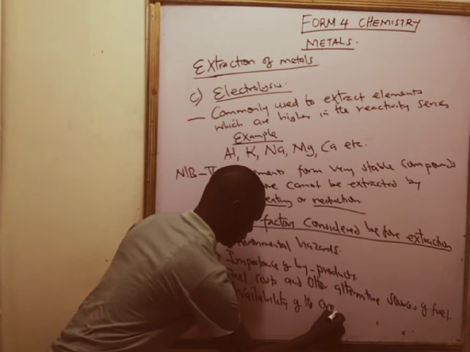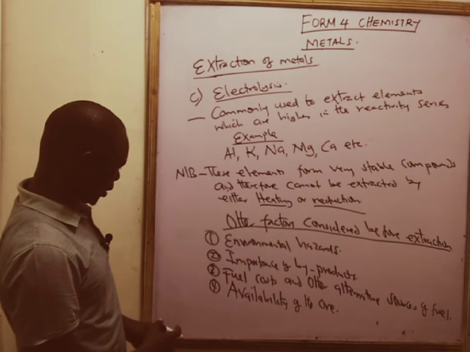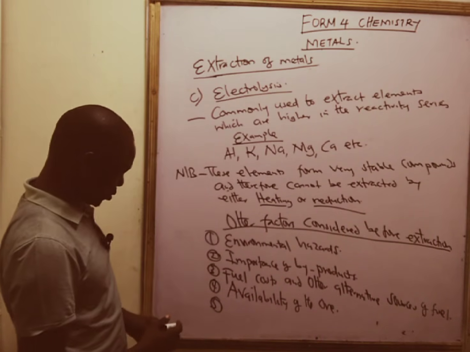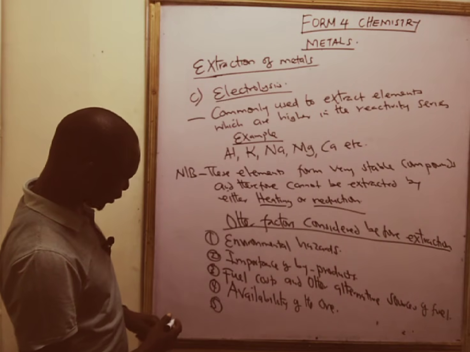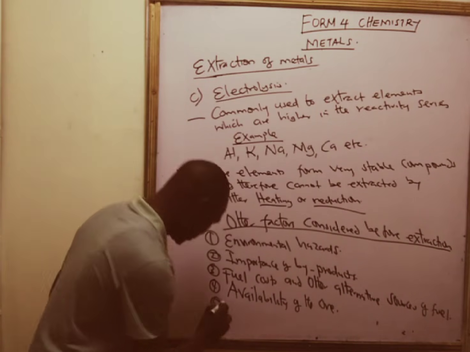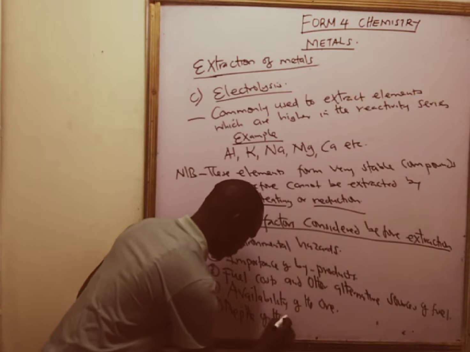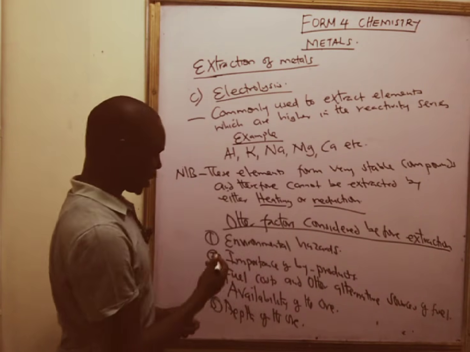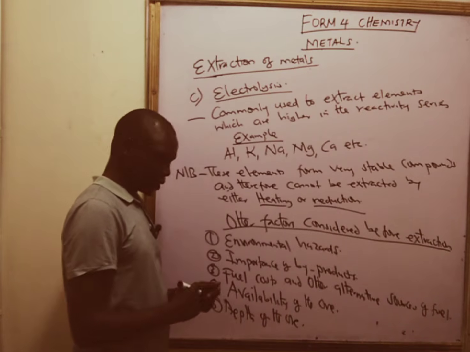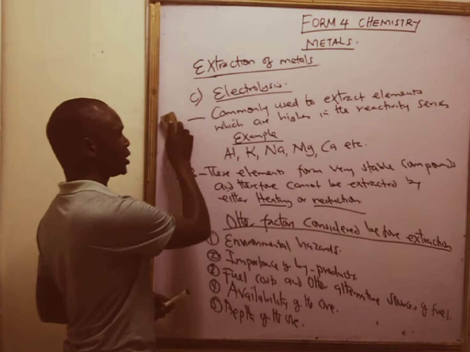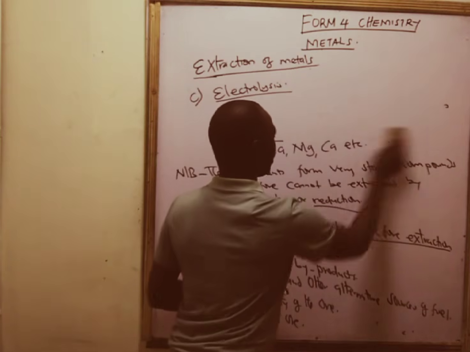Number five, we can also look at factors like depth of the ore. So those are some of the factors that we look at before the extraction of a particular metal is done.